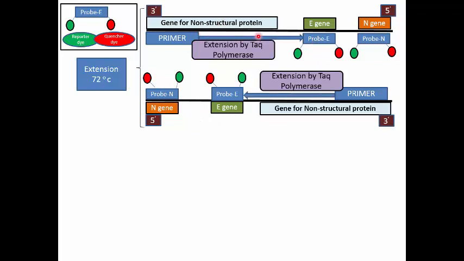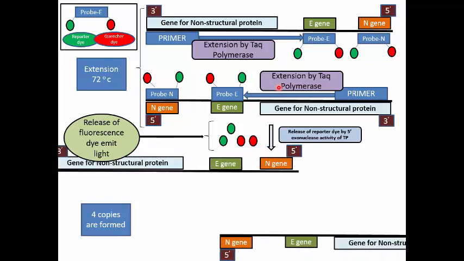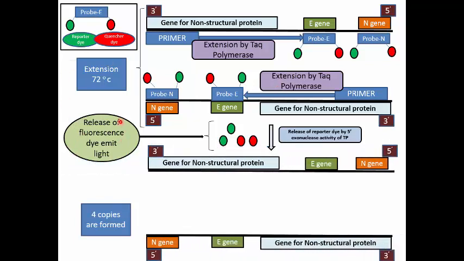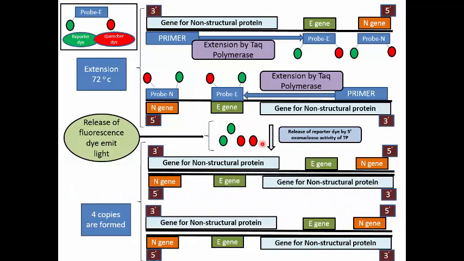They will synthesize the new strand, and with the help of 5' exonuclease activity, they will release the reporter dye and the quencher dye. Here you can see the release of the reporter dye and the quencher dye. The reporter dye will emit fluorescent light as it is separated from the quencher dye, and there is a formation of 4 strands of DNA.